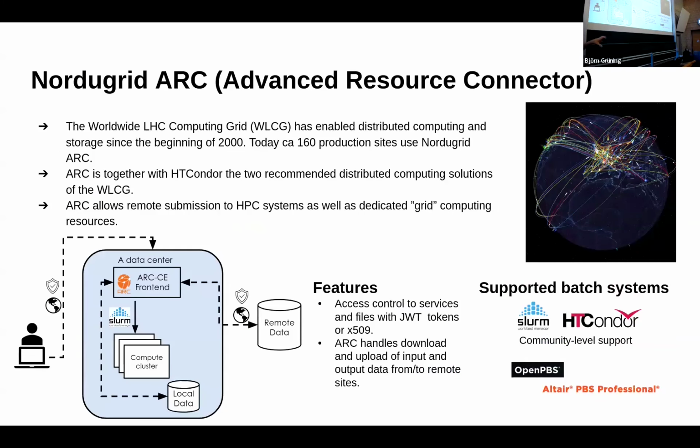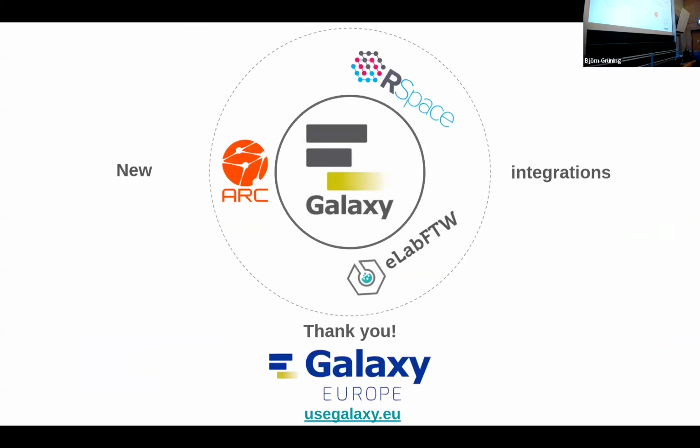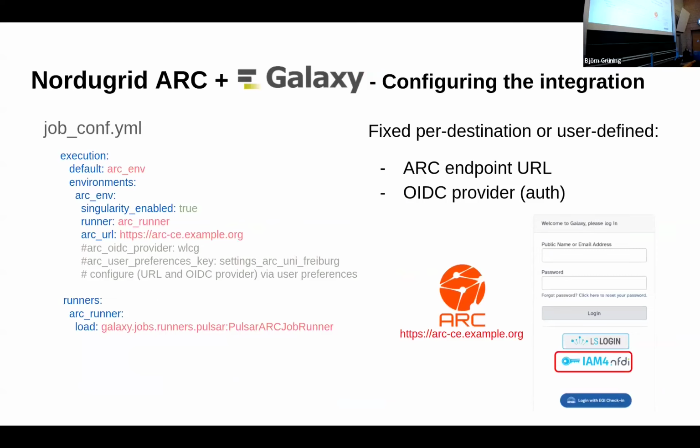If you want to extract information from this form, you give a name to this form. That's the user preferences key. So as an admin, you can say the runner should extract information from this form. But if you don't define any key, then it will use what you hard code here. So that's what you are free to choose.